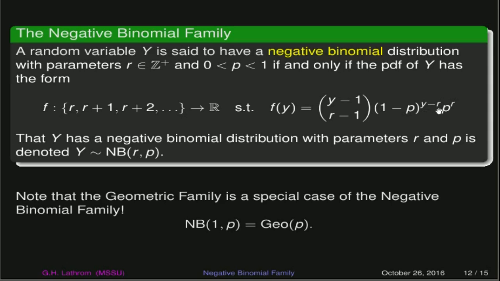So the notation to say that Y has a negative binomial distribution is Y ~ NB, and then we write our parameters, our first parameter r and our second parameter p.